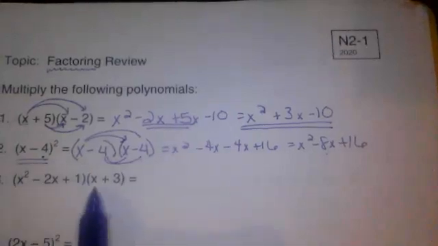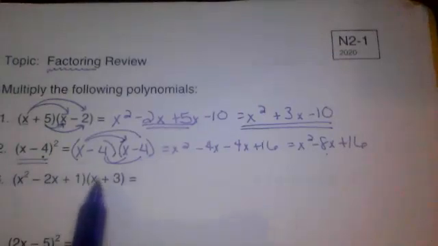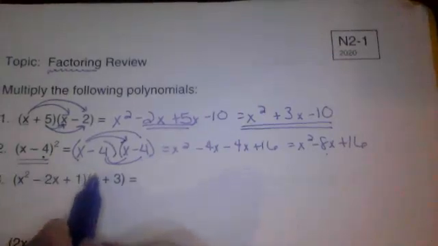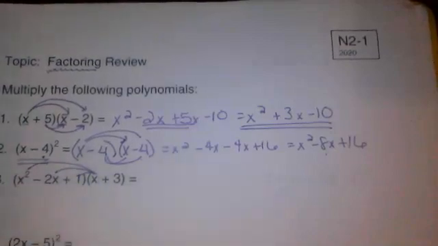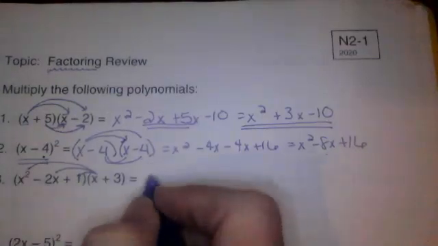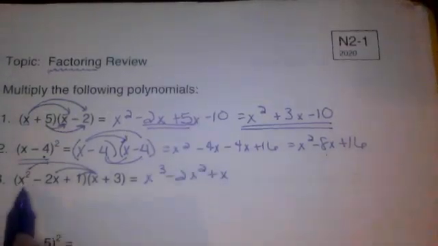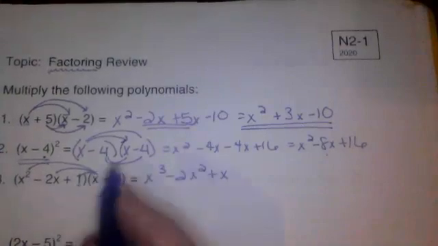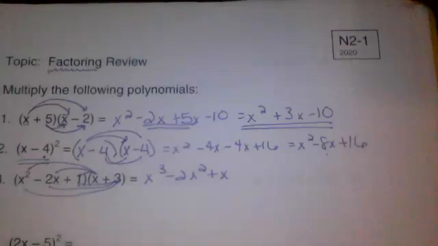Now on this third one, we can distribute the trinomial into the binomial or the binomial into the trinomial. I'm going to do that. I'm going to distribute my x into each of these terms. So this becomes x cubed minus 2x squared plus x. Just adds an x to each one of them. And then I'm going to distribute the 3 to all three of those terms.